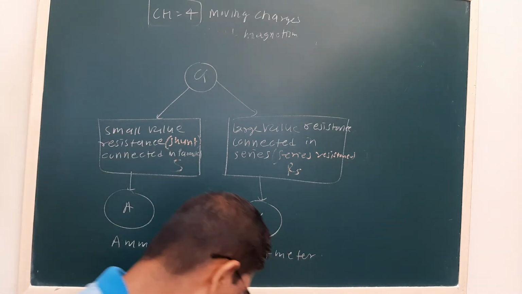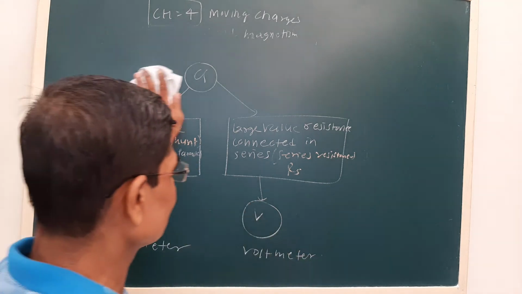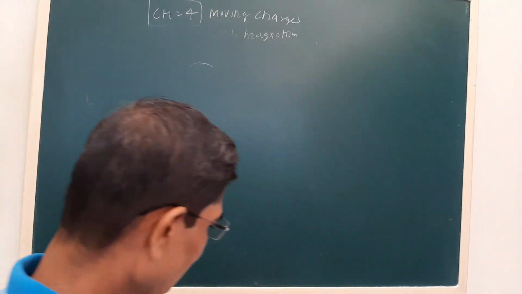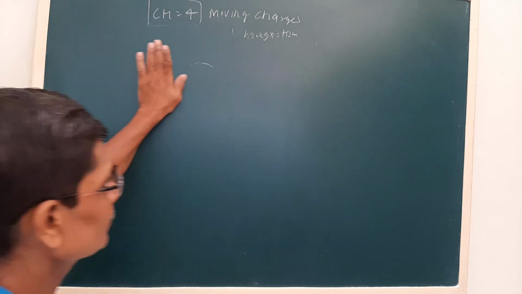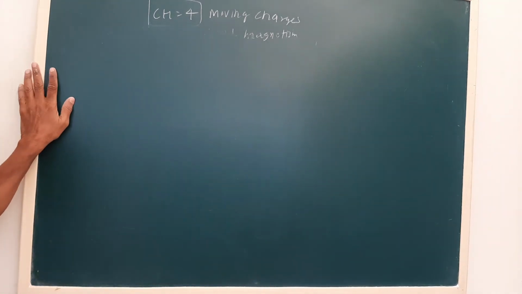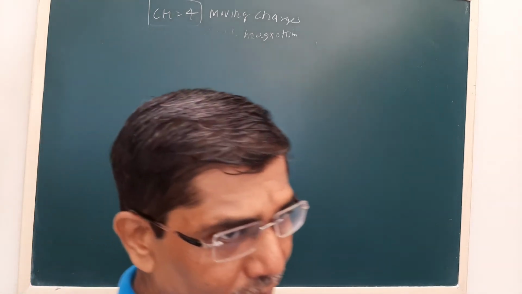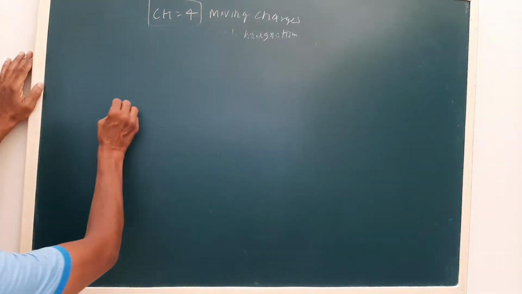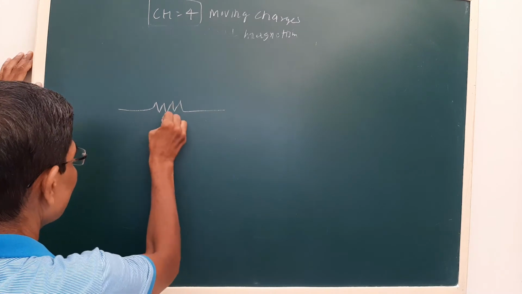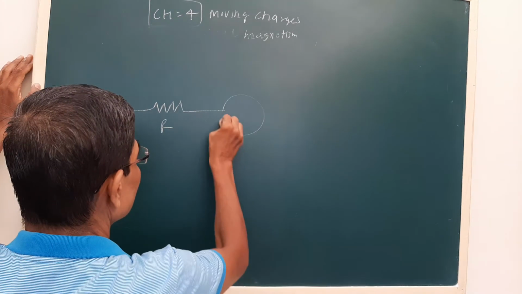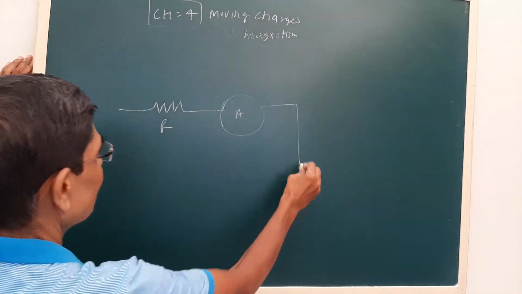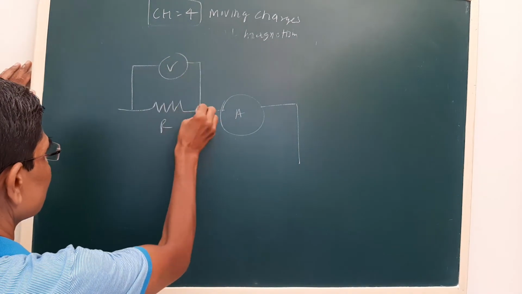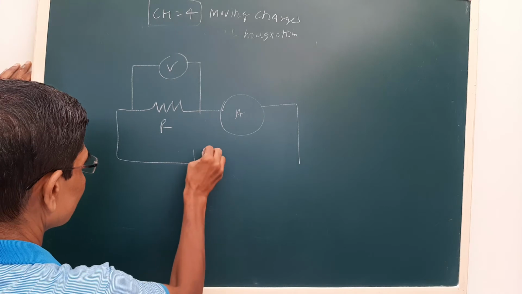Now let us see the reason behind this. In the 10th standard, in our third lesson, we studied Ohm's law. You will have an experiment regarding Ohm's law in the laboratory. Suppose the resistor value is R. The ammeter is the current measuring device and the voltmeter is the voltage measuring device.